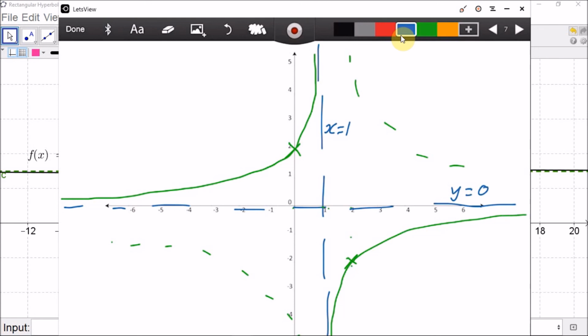All right, and so there's that graph there. And that's about it for rectangular hyperbolas.